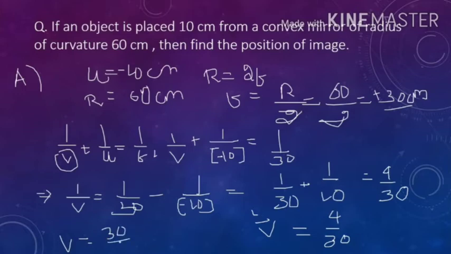So it is approximately 7.5 centimeters. So the position of the image is 7.5 centimeters from the pole of the mirror.